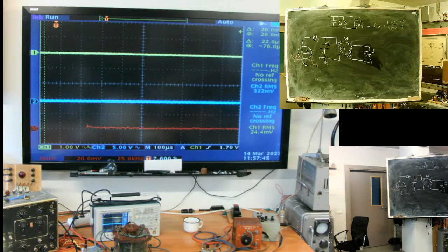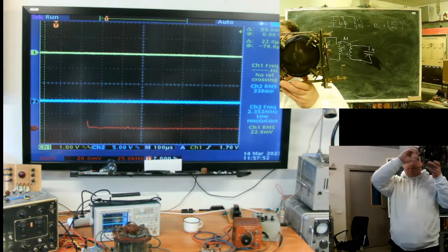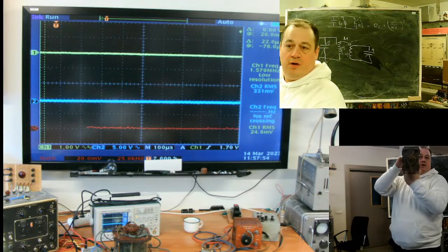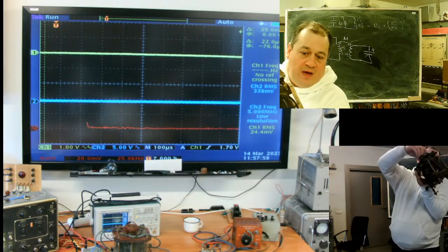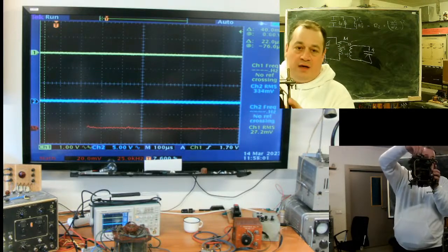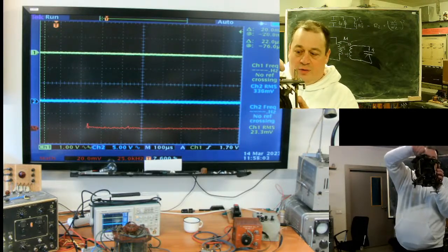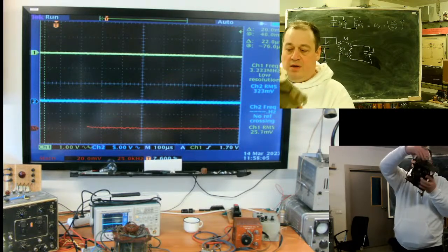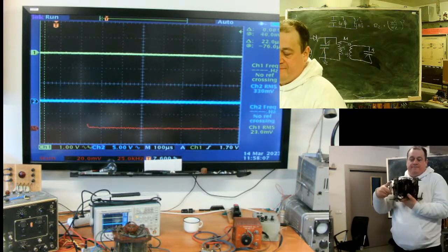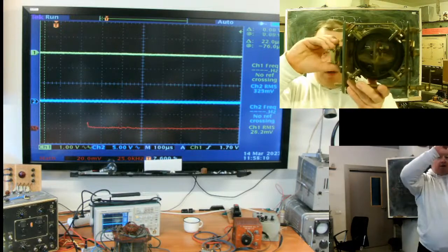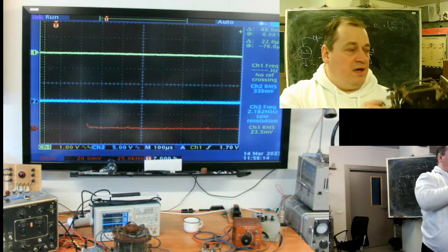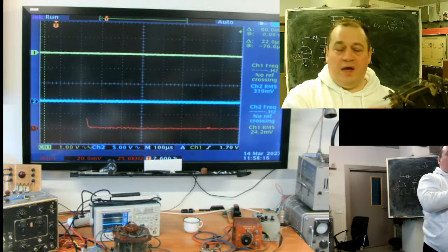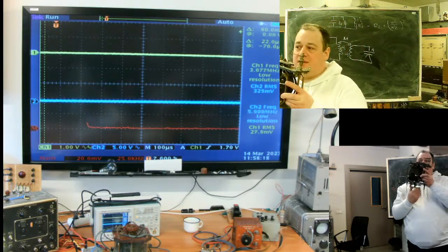What do I have here? Show it close to the camera. An outer coil, okay, and an inner rotating coil. Yeah, it's a coil inside a coil. What's the purpose of this device?